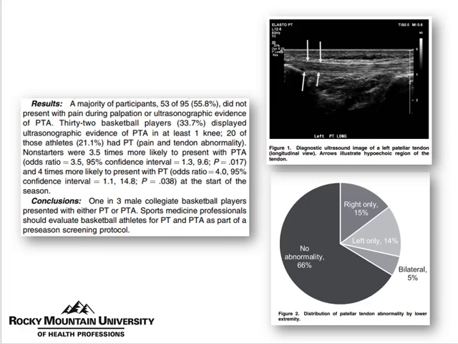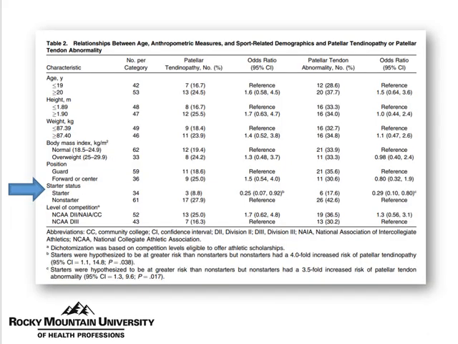So 1 in 3 male collegiate basketball players at the start of the season presented with either patellar tendinopathy or patellar tendon abnormality. And we also calculated the prevalence odds ratios. So what are the odds that one group versus the other had a greater presentation of patellar tendinopathy or patellar tendon abnormality?